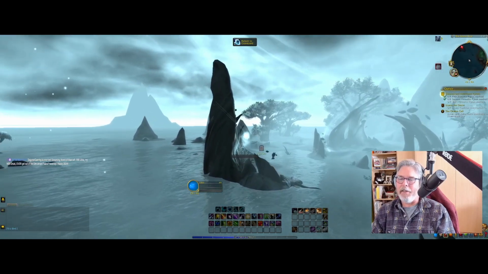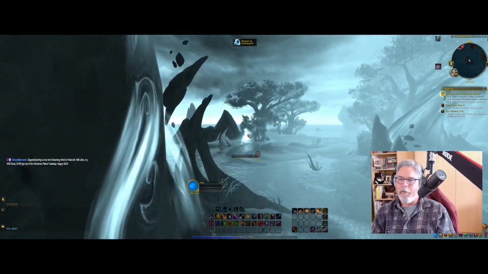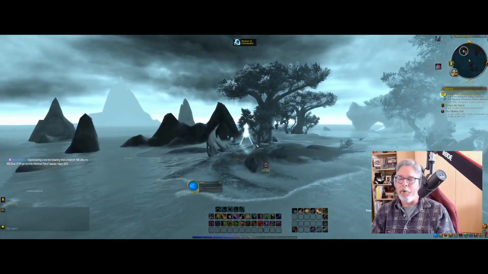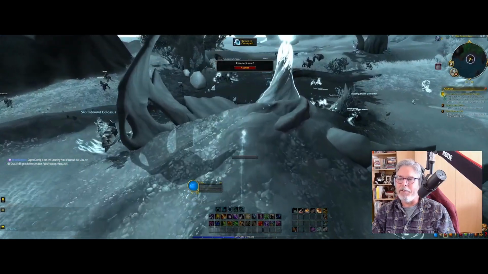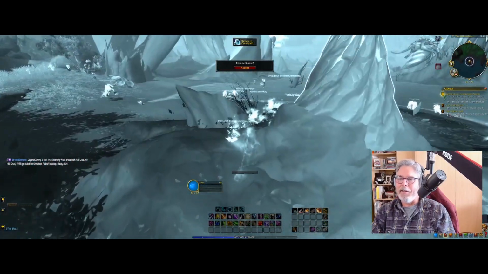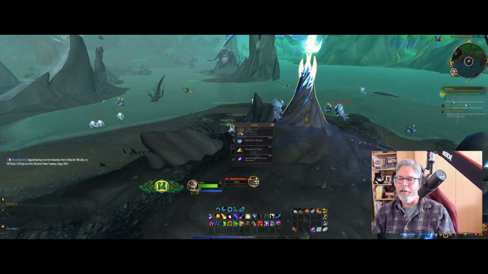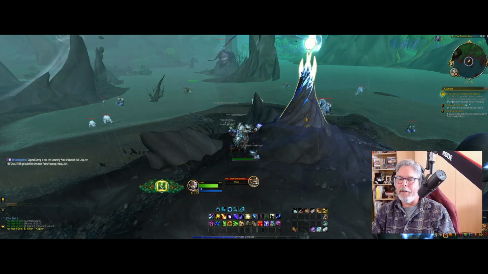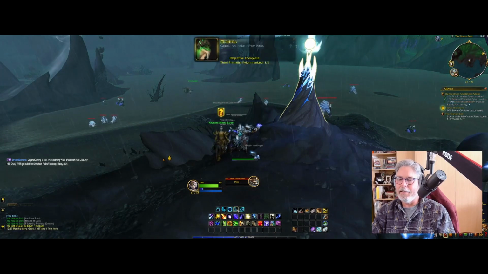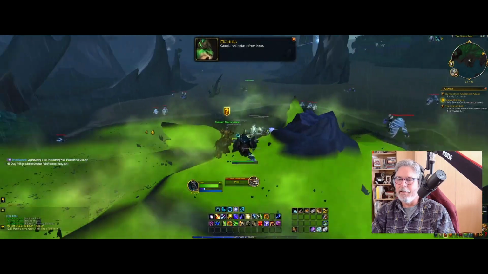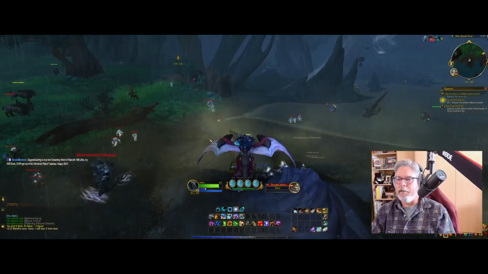After I cleared everything, stuff started rezzing, and it starts rezzing exponentially when you have more people doing the quests, which was exactly what was happening with me. Let's see if I can finish this quest and get the hell out of here. Good, I will take it from here. Good, because I need to be out of here.